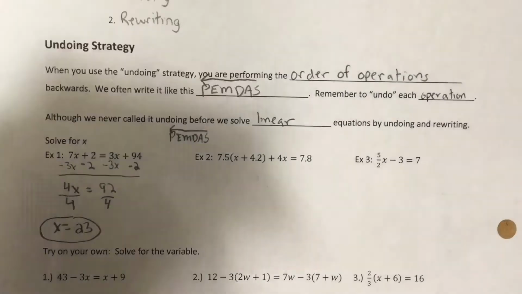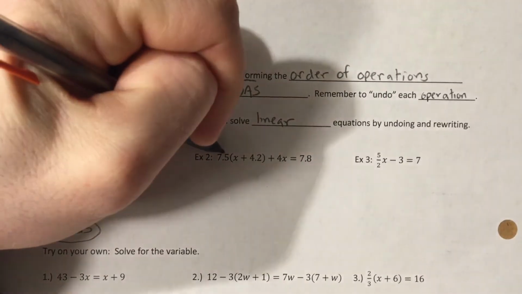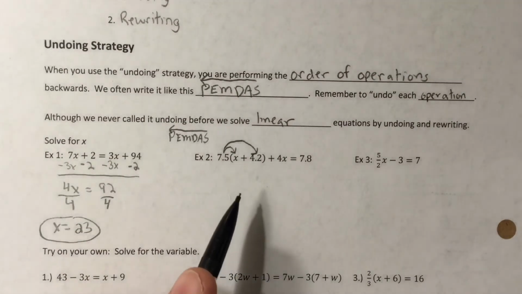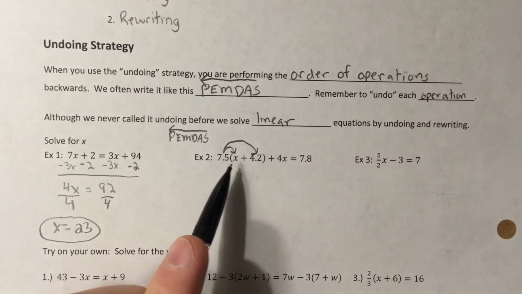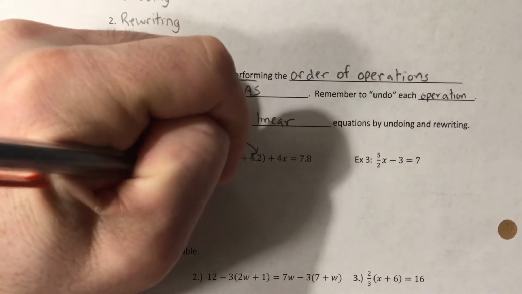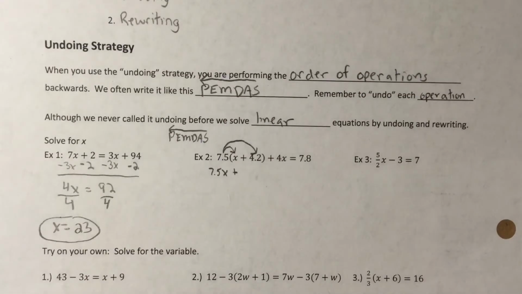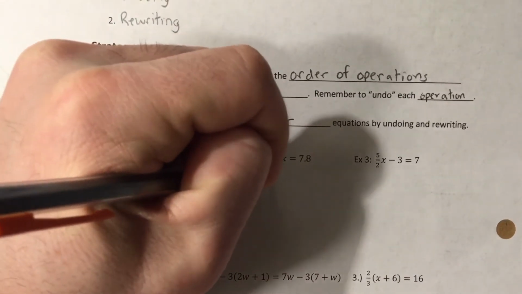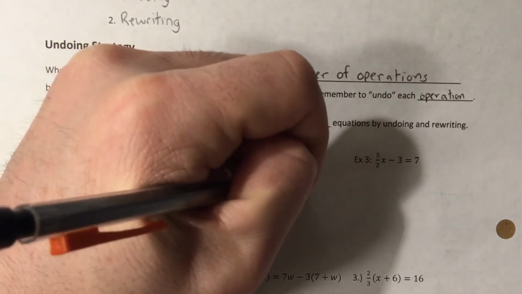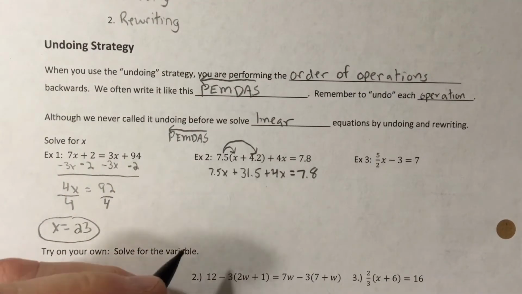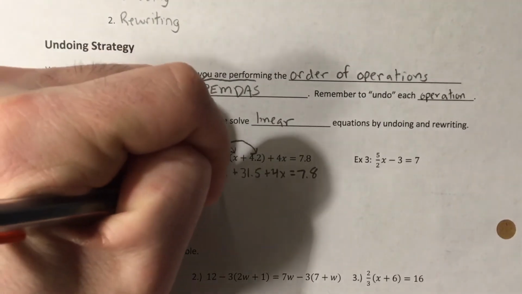Now I would also need to rewrite. Rewriting is where I rewrite it in an equivalent form. We'll go over rewriting in a little bit, but I'm going to rewrite now by distributing. So 7.5x plus 7.5 times 4.2 is 31.5, plus 4x equals 7.8. Now I'm combining like terms, rewriting it again in an easier form.